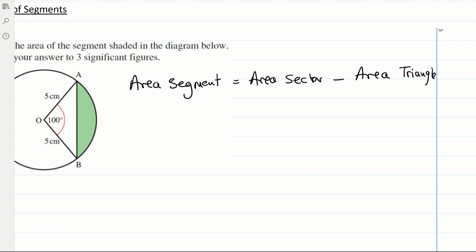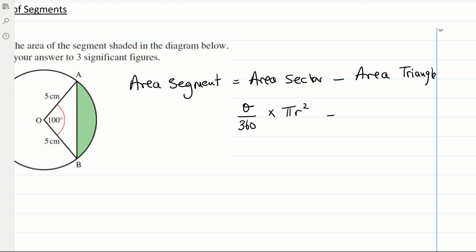And the area of the sector is theta over 360. Sector is a fraction, so it's the angle over 360 that gives me the fraction times the area of a full circle, which is pi r squared.